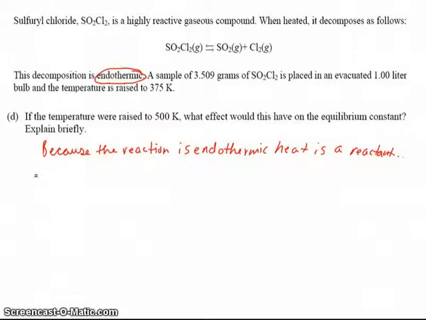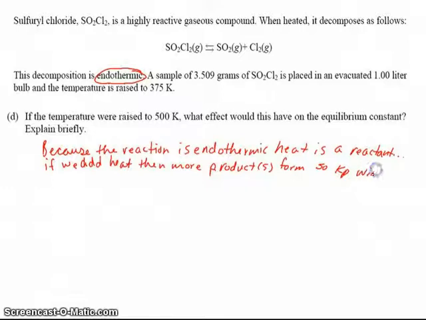And so if we add reactants, then we cause products to form. And if more products form, then Kp will increase.